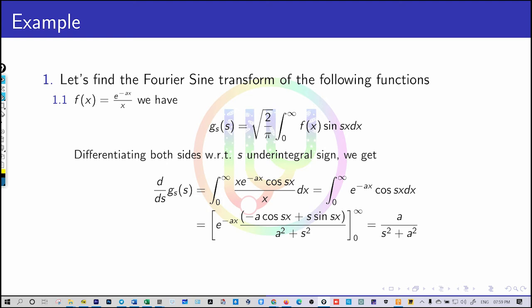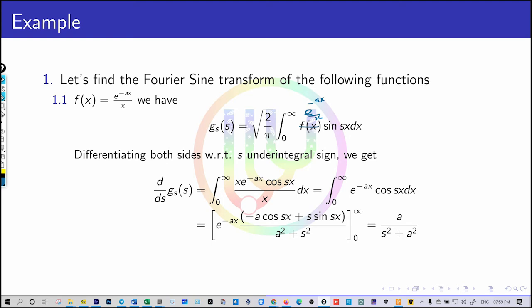Okay, so we can substitute f of x here in sine sx. I am differentiating on both sides with respect to s. We will get d by ds of gs of s is equal to the integral of e raised to minus ax by x.